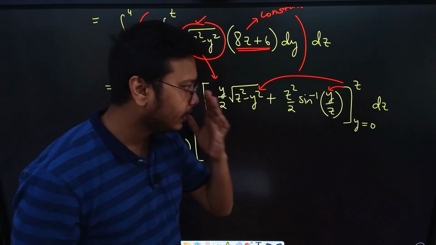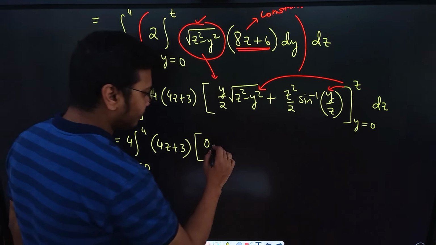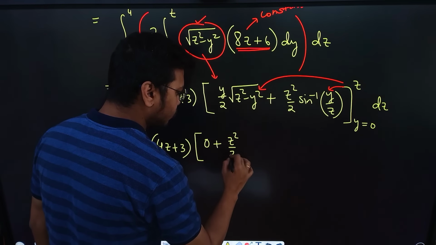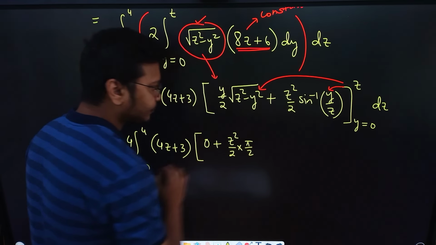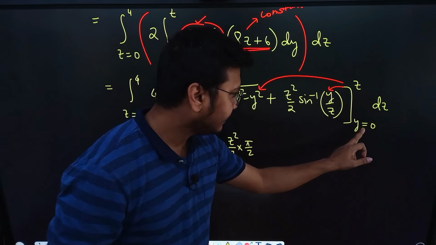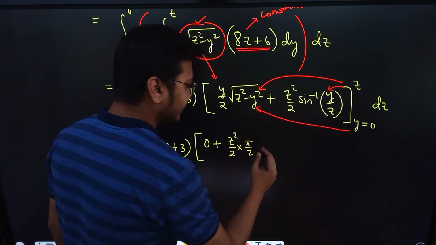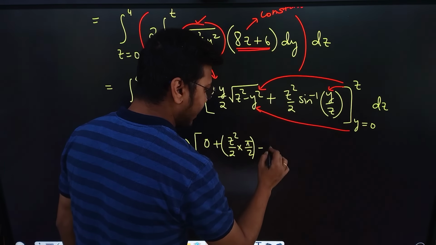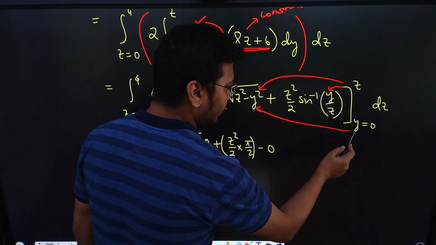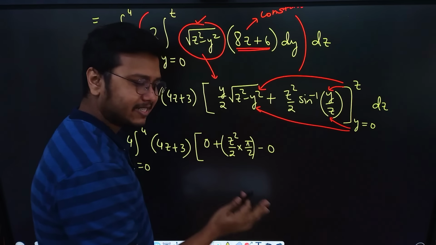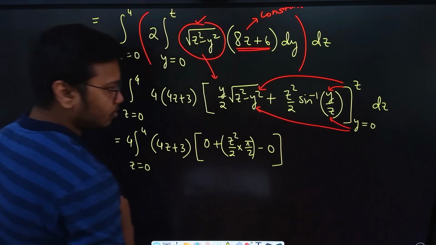Sine inverse of 1 is pi by 2, so I'll be having z square by 2 into pi by 2. And then if I put the lower limit, y equals 0, then that's again a 0, so minus lower limit, there's nothing to write.